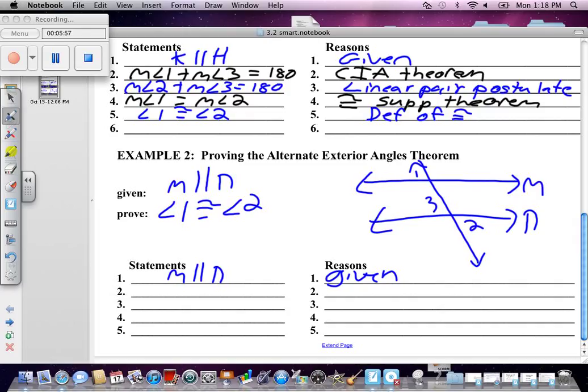What else do we know? 3 and 2 are equal for the vertical angles. What else do we know? It's something we just learned today. 1 and 3 are congruent by what?